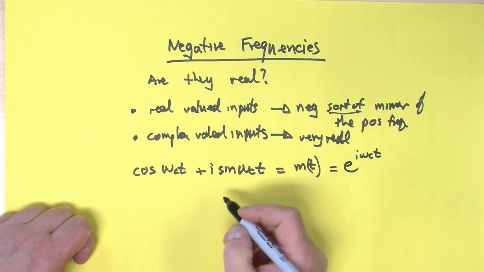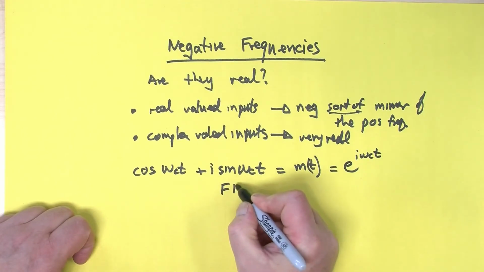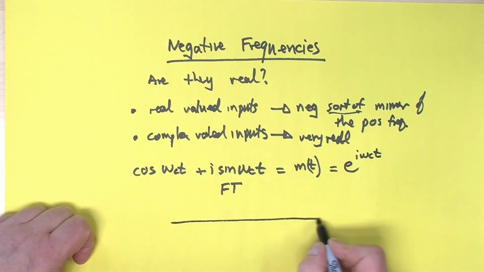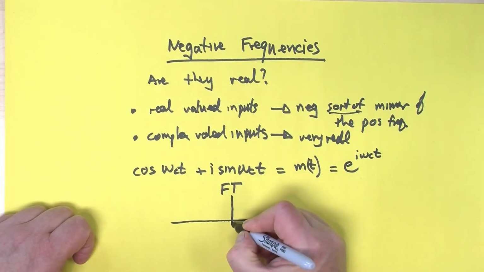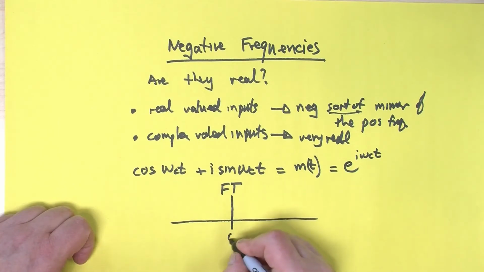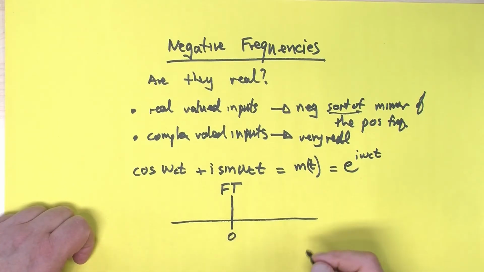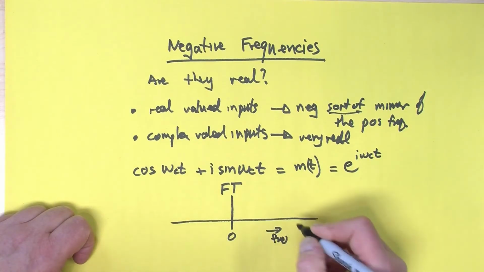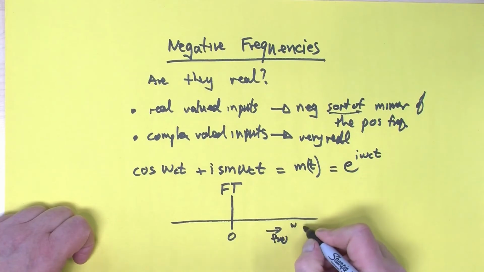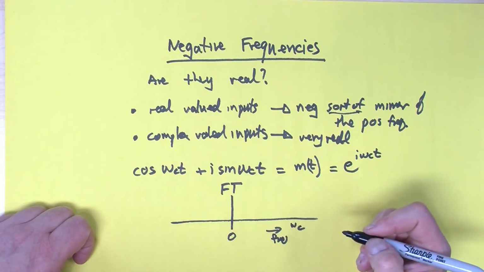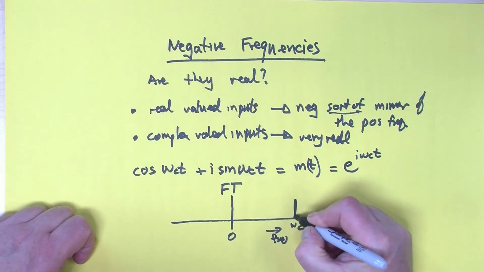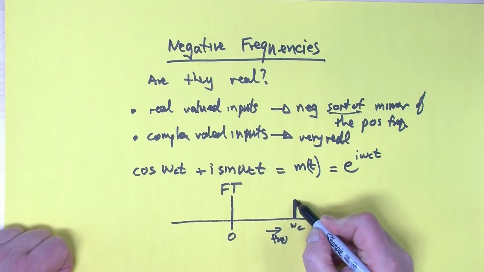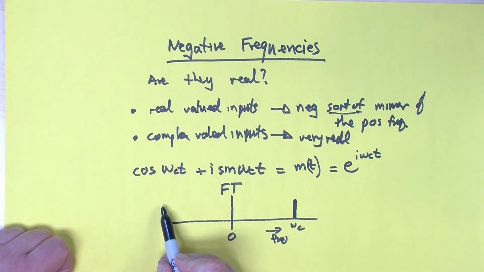And if we crank that through the Fourier transform, and we were to draw a spectrum, what would we get? Well, this is 0 hertz or 0 radians per second over here, and this is frequency, and this is omega c over here. What we would in fact get is a single value here and nothing over here.